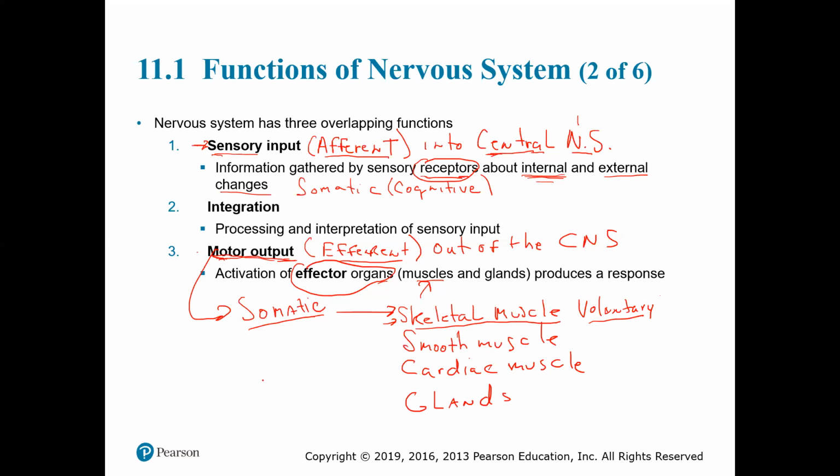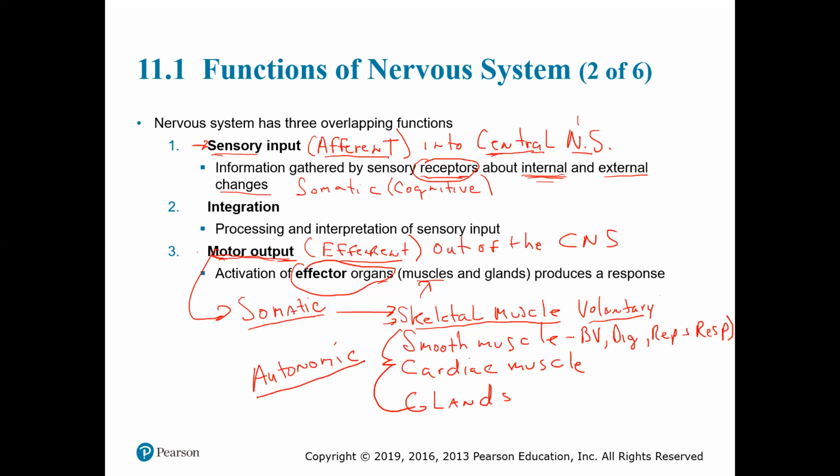And then we have what's called autonomic nervous system division. And that affects these 3. So smooth muscle could be your blood vessels, walls of your blood vessels, right? The tunica medias. And then you have your digestive tube walls, which are smooth muscle. You have your reproductive and respiratory and other parts that are lined with smooth muscle.